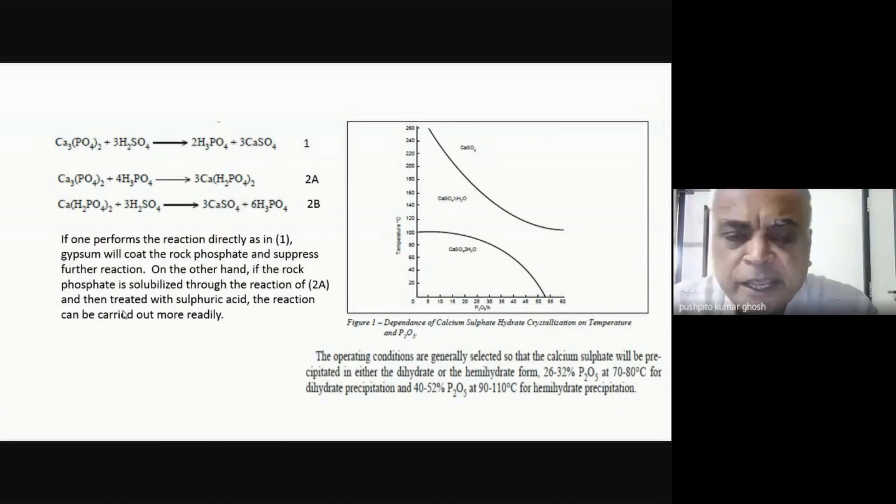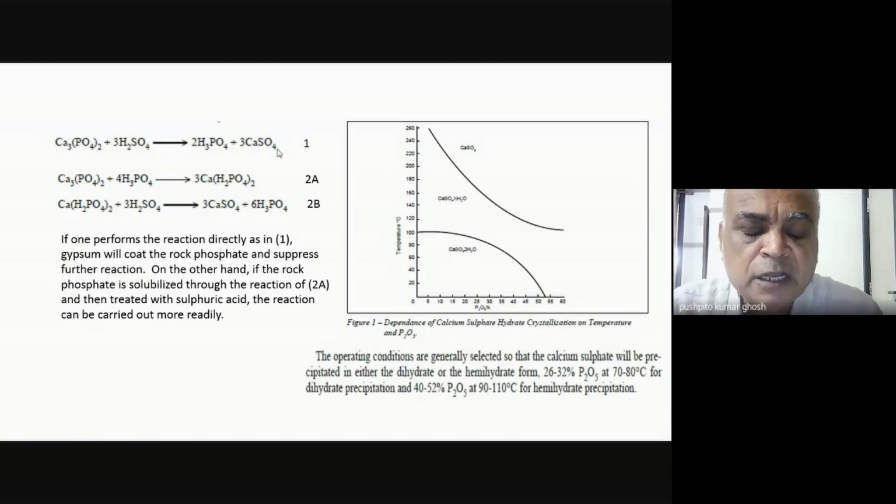Whether you are making phosphoric acid or whether you are making single superphosphate, it's really coming from the reaction of rock phosphate with sulfuric acid. So if you were to have this stoichiometry, obviously 3 moles of sulfuric acid per mole of calcium phosphate, then of course you'll end up with phosphoric acid, and gypsum, because it's sparingly soluble, will be precipitated out, and you can separate it out, and this gypsum is known as phosphogypsum.